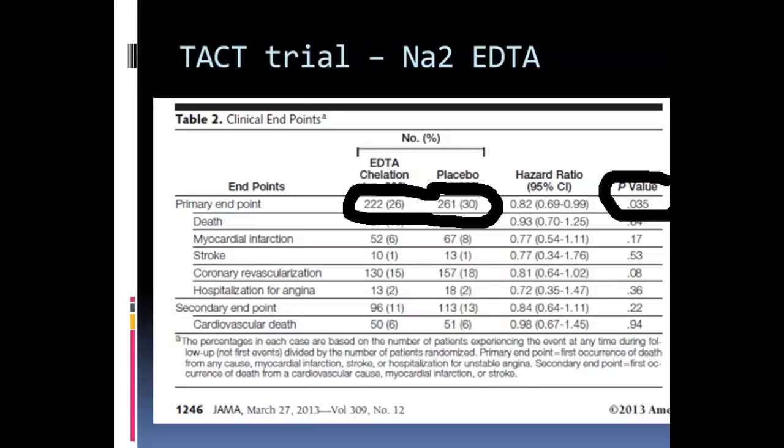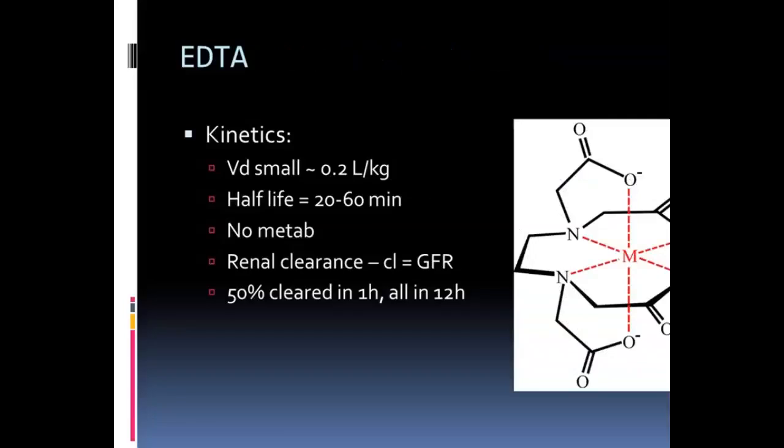But if you look at specific data for death and MI and things like that, there really was no difference at all. So we do occasionally still see people getting disodium EDTA to decrease the risk of MI or recurrent MI, and that's the data that it's based on.